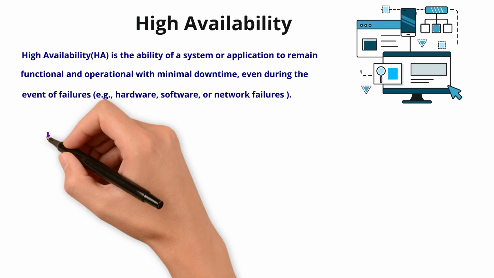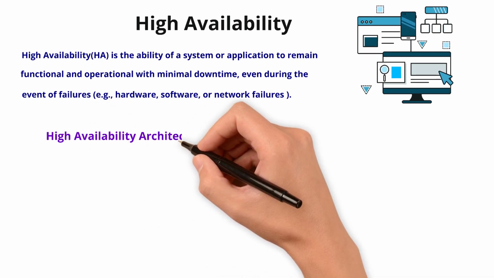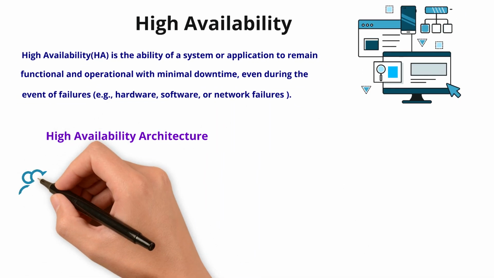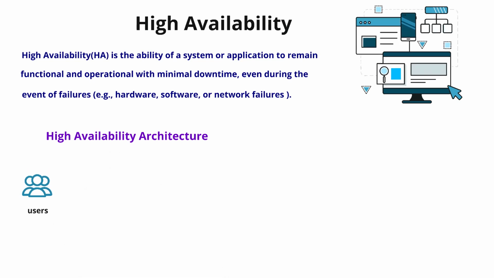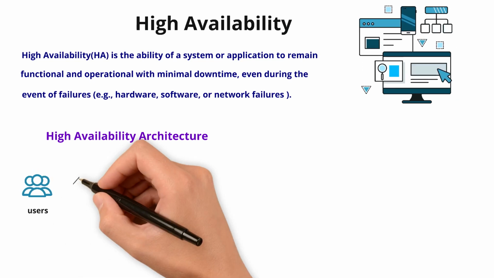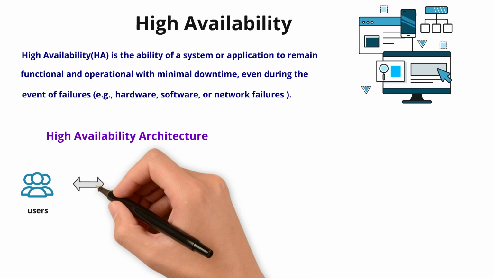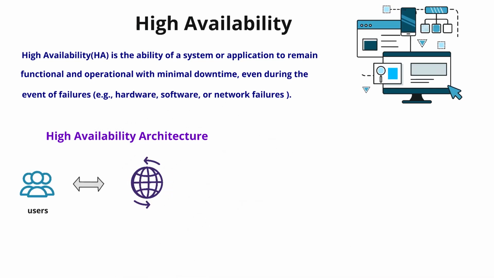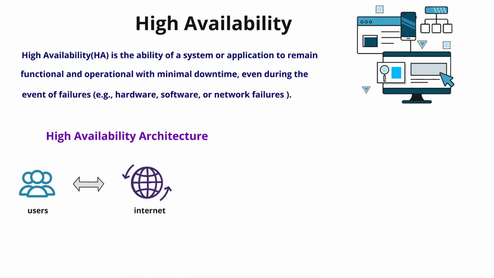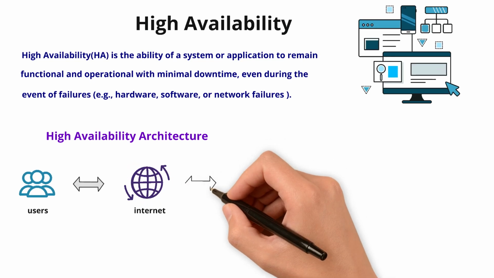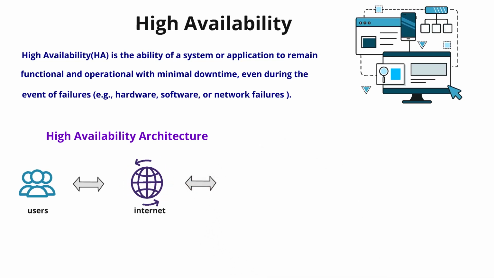Let us understand high availability architecture. On the left, you can see there are some users who are sending requests through the internet. And then these requests reach the load balancer.